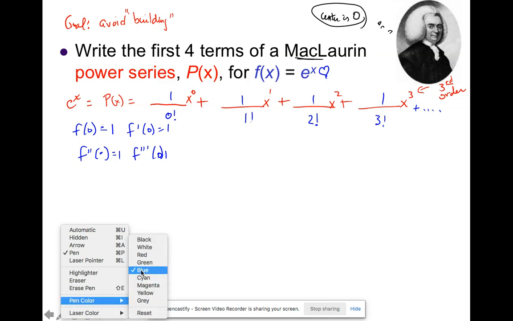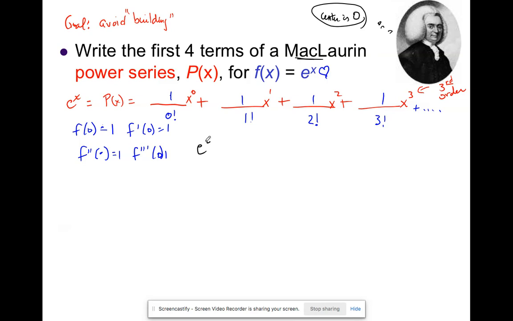So what does e to the x look like? This exponential function of the natural number can be represented with an infinite polynomial that is 1 times x to the 0 plus x to the first plus x squared over 2 factorial plus x cubed over 3 factorial and forever and ever. Which means I can write the nth term for this, right?